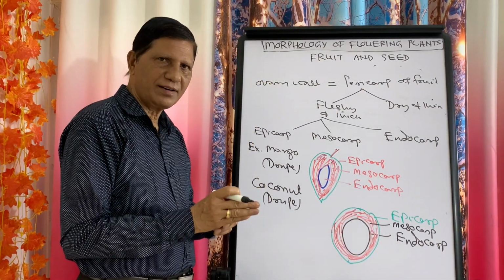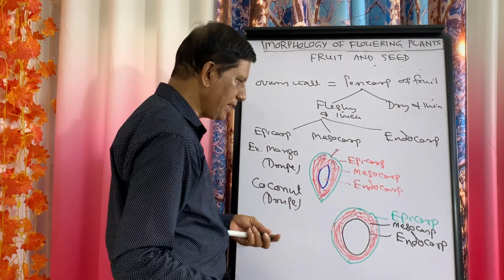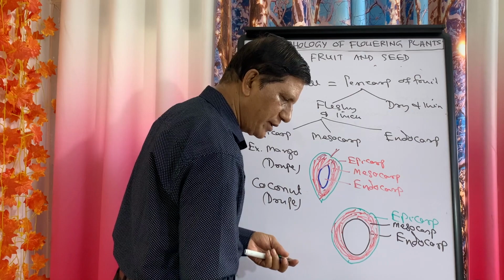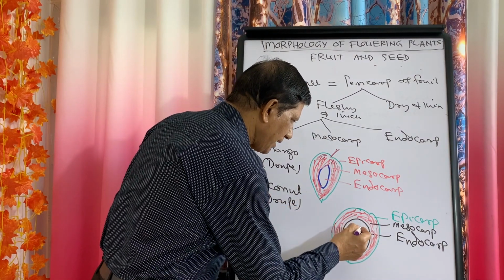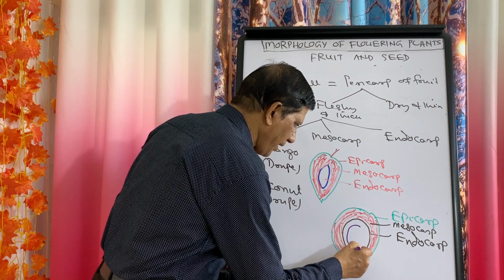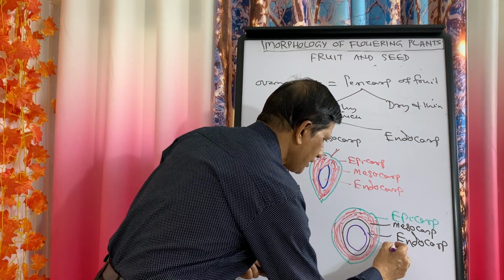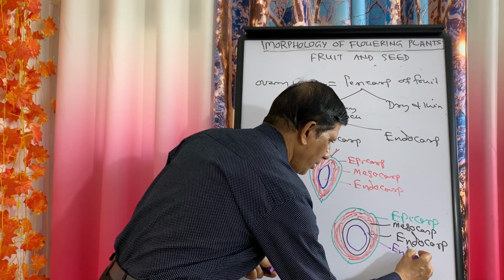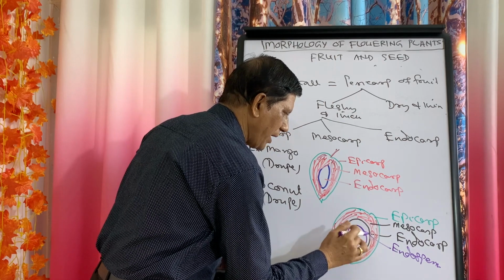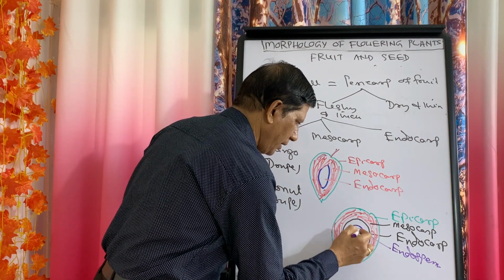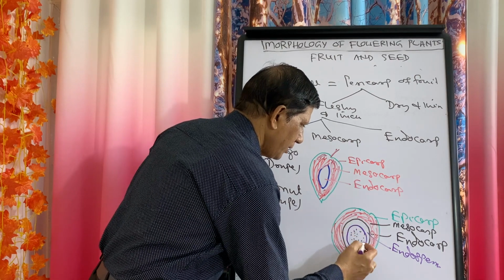Then which is the edible part? The edible part here is the endosperm. Within this hard shell, there is a white part. This white part is known as endosperm, and it is filled with water. This is also part of the endosperm.